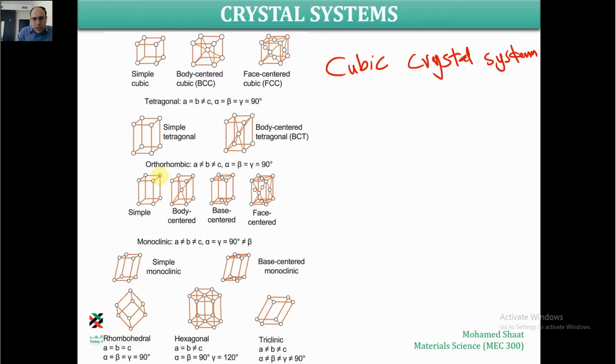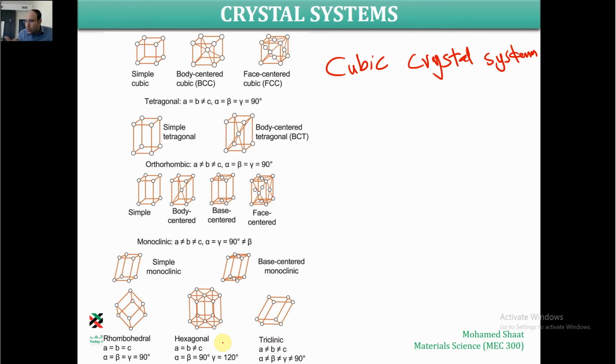For the hexagonal system, for example, we have the commonly shown hexagonal close-packed structure. Close-packed means that we add three other atoms. But the simple hexagonal crystal structure is the one without the middle layer, without the three atoms located in the middle. If we remove them, we have another crystal structure, known as the hexagonal crystal structure.